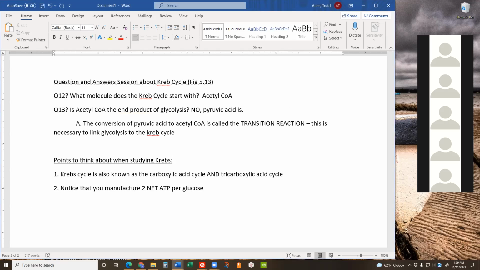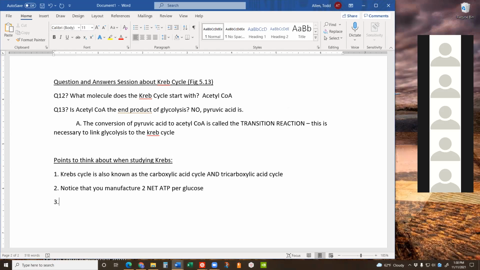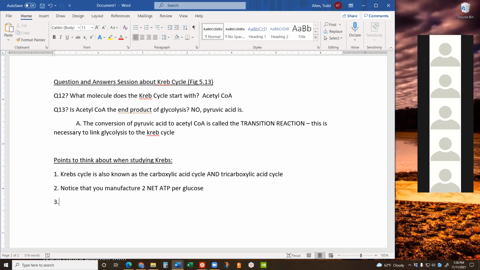Okay. All right, let's continue here. Next thing I would bring out in figure 513, notice that we do have some NADH molecules getting manufactured in the Krebs cycle, just like we did in glycolysis, we made some NADH. Notice that there's also a new molecule there called FADH2, okay?